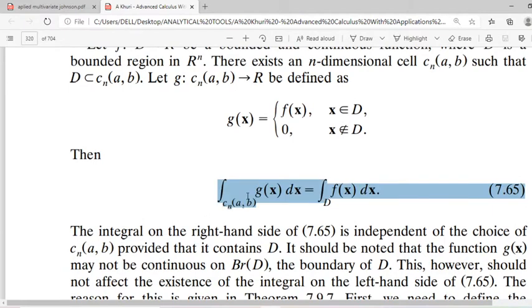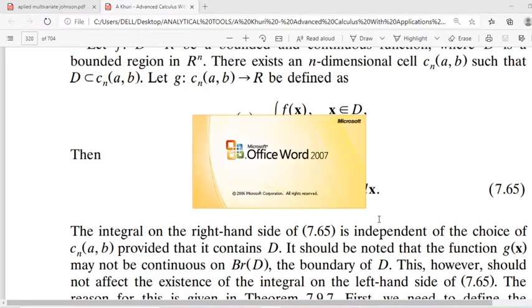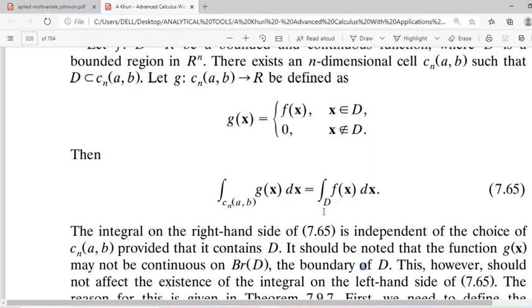So what will be the integral over Cn of a, b of f of x dx? We can construct that integration. Here we can see the integral over D of f of x dx.